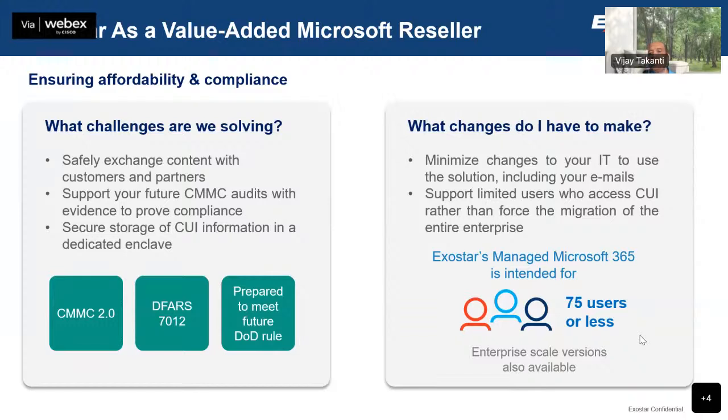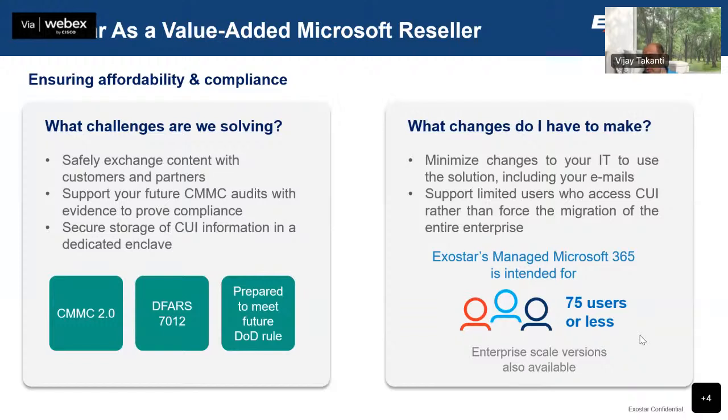We recognize that may not be economically feasible. So for limited users who need to access CUI, we are providing a solution you can use without changing any of your IT infrastructure. What do we mean by limited users? In this case, we are focused on any 75 or less number of users can use the solution. Right?